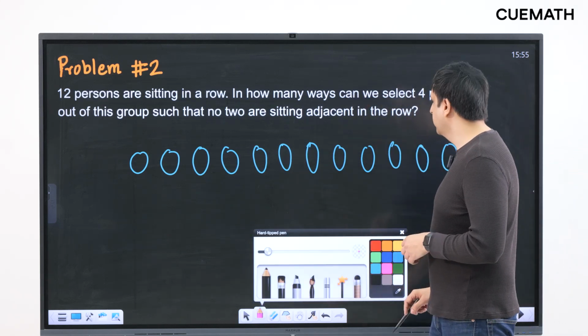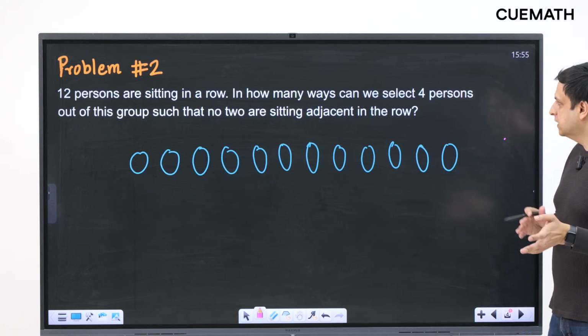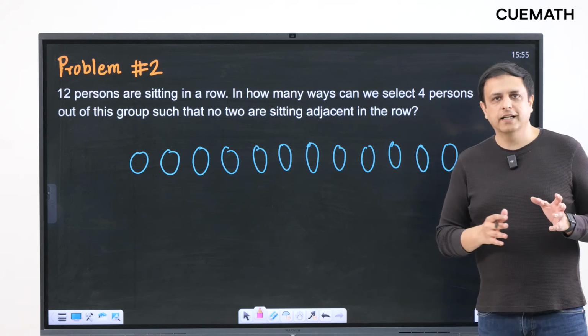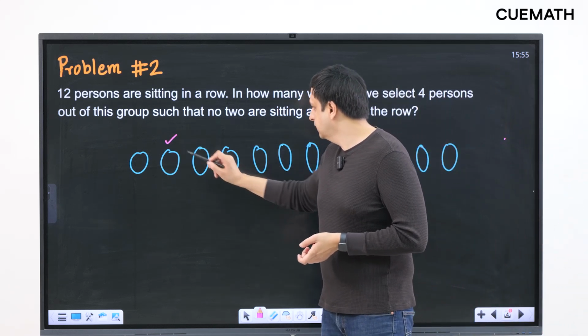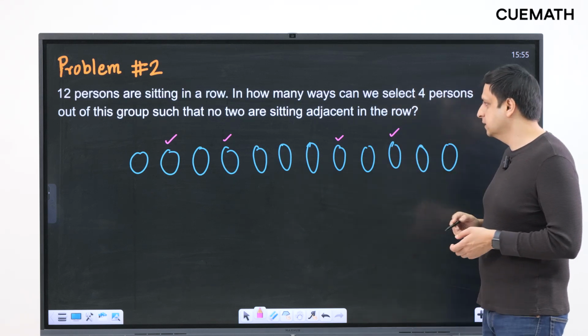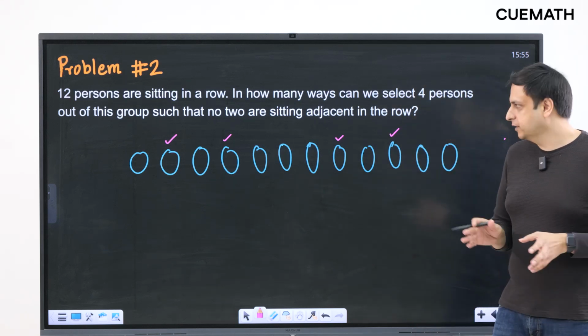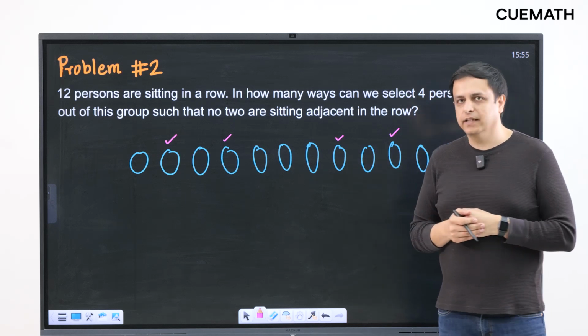And what we need to do is select 4 of these 12 such that no two of them are sitting adjacent in the row. So for example, if I select this person, and let's say this person and this person, that is a valid selection because no two of these 4 are sitting adjacent in the row.